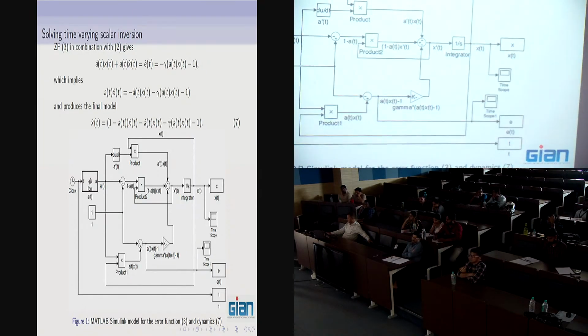Now we will analyze the ZNN model, and later we will see practical work in Simulink. Can you recognize where is our beginning?